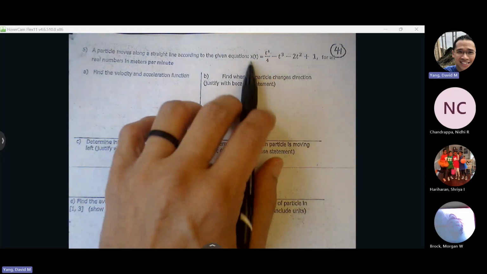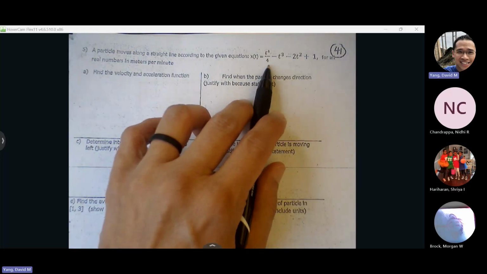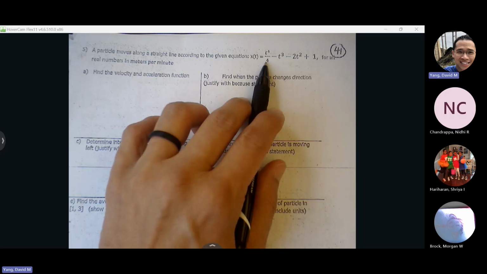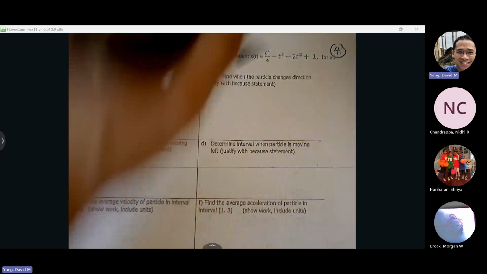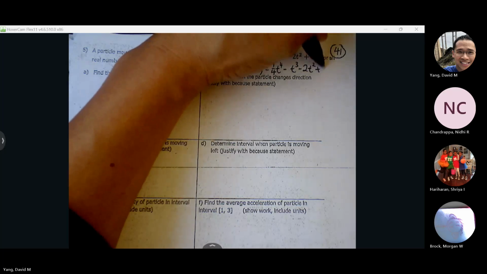Okay, so part A, find the velocity and acceleration. So we're going to go ahead and do that. If it helps, pull that 4 out as 1/4 so that it just feels more clean. Okay, find velocity and acceleration.